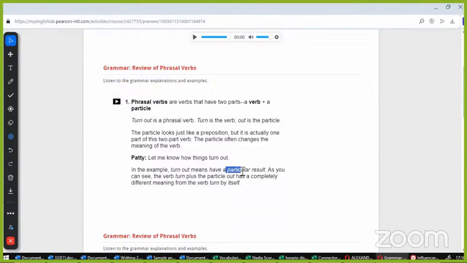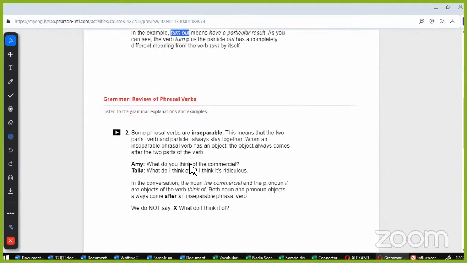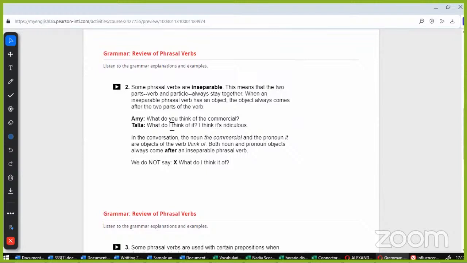The meaning of turn out is have a particular result. Okay, so that's very important. I don't know if you knew this word before. Then you have inseparables, like think of. You can't separate it, so you can't say I think it of. You need to say I think of it.